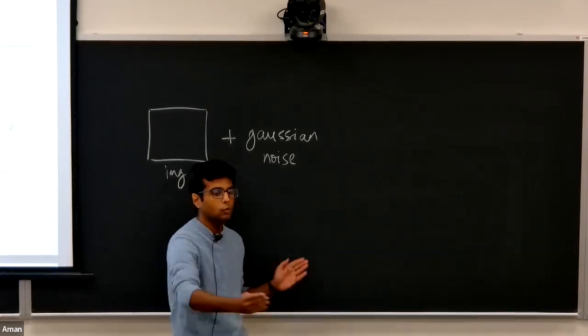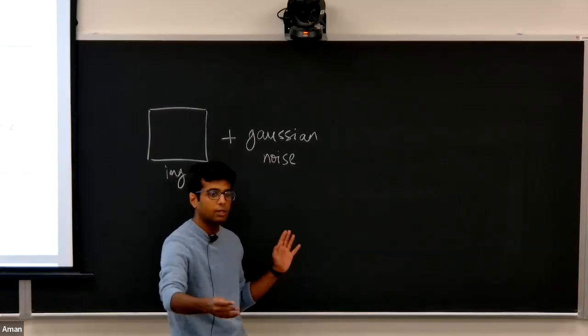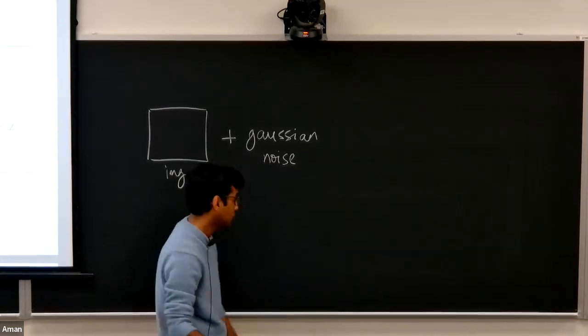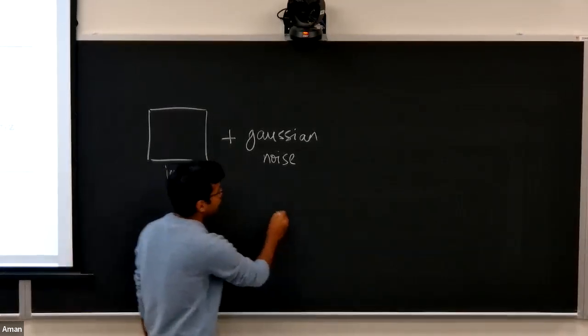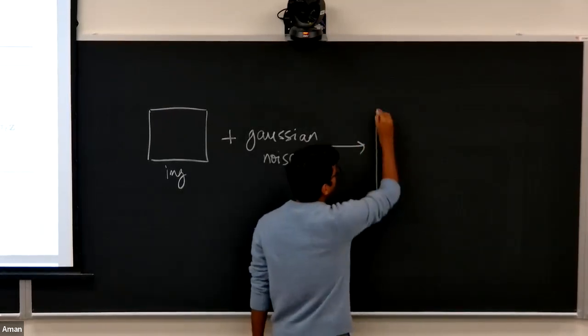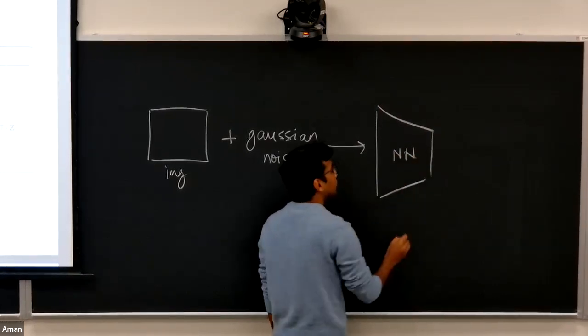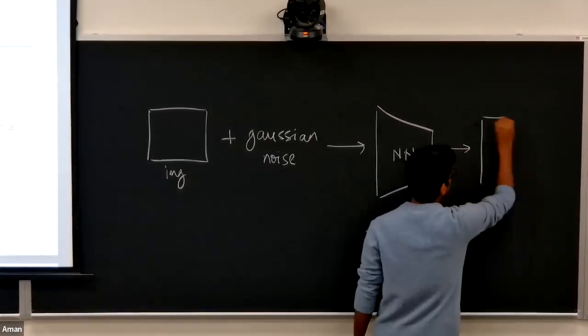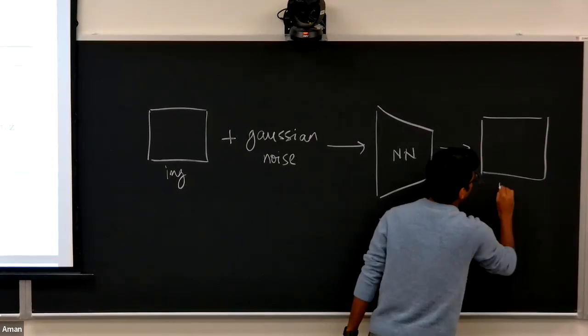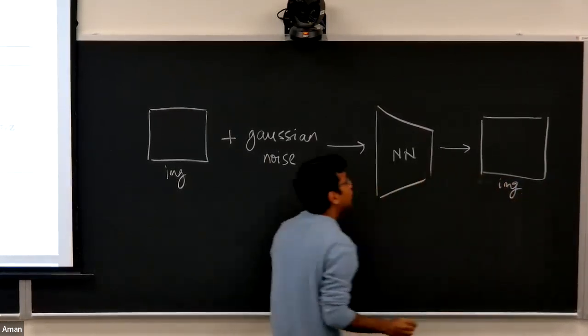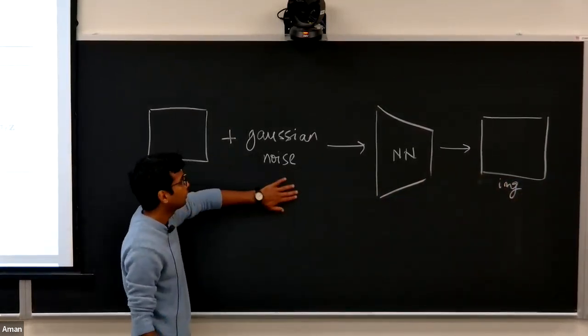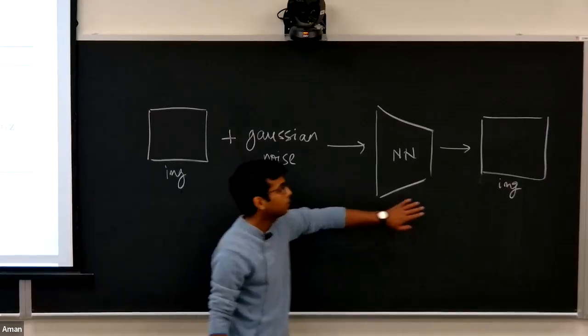So it accumulates into a lot of noise, and eventually after t time steps the image is completely converted into noise. So given an image with some Gaussian noise, if you pass it to a denoising neural network model, what this should give you is just the image back, right? So it should remove all the Gaussian noise and you get the image back.